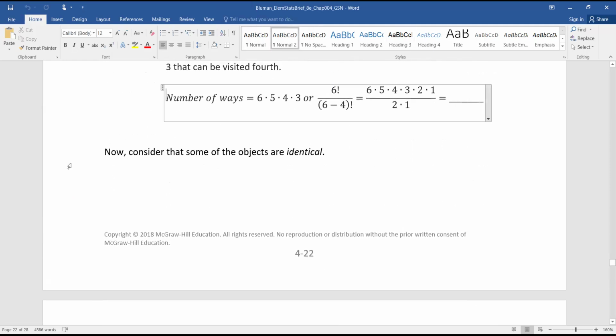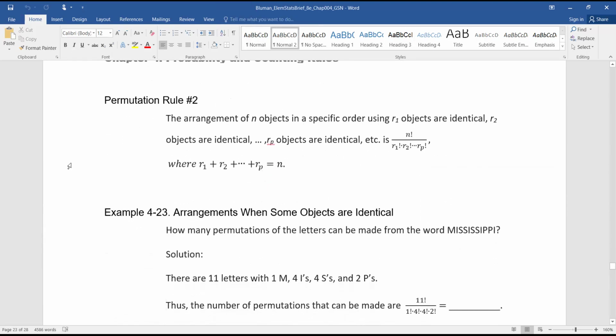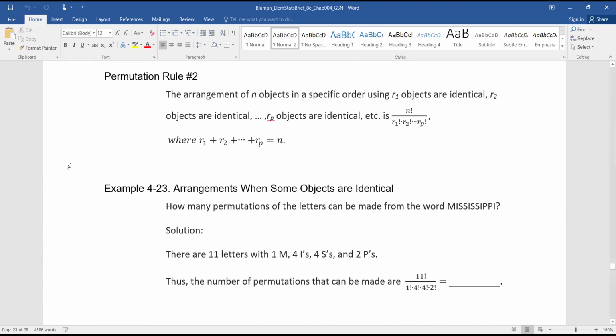So let's now consider some of the objects being identical. So that was 6 unique patients. What happens if some of the options look exactly the same?